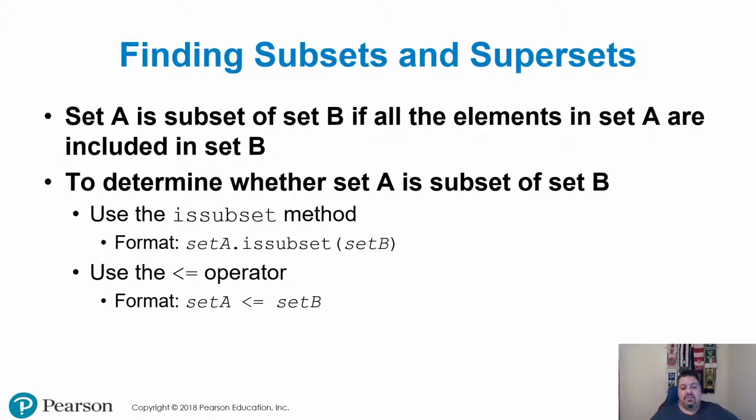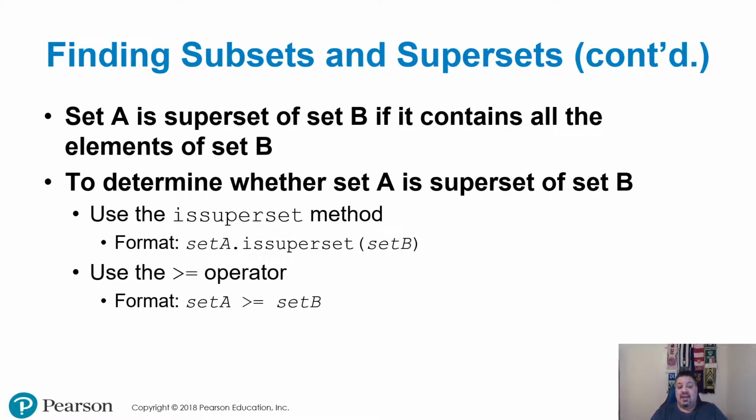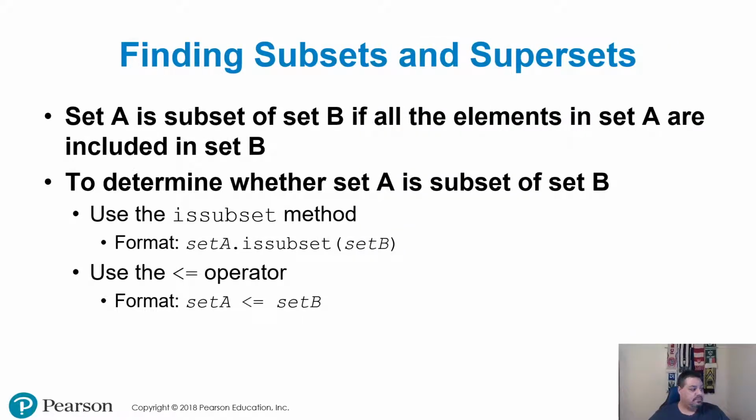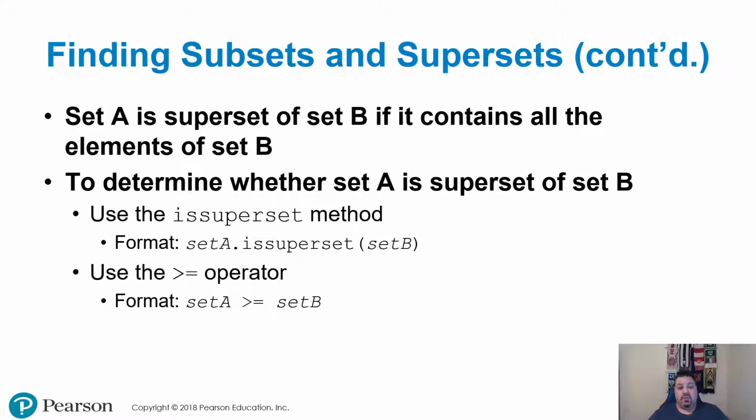Subset being if all the elements in A are also included in set B, then set A is a subset of B. Other way around, set A is a superset of B if everything in B is also in A. And you can use the is superset method to determine whether A is a superset of B. So you've got subset if all the elements in A are also included in B, and superset if A contains all the elements of B too.